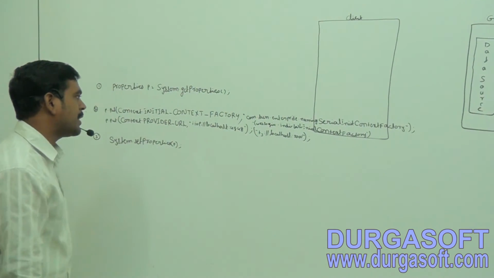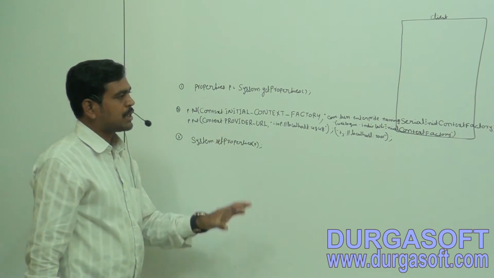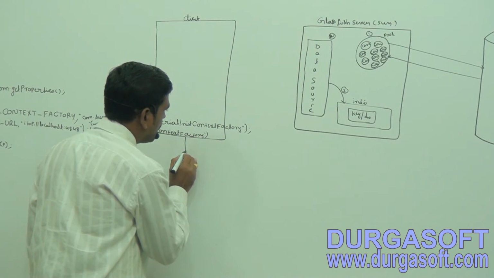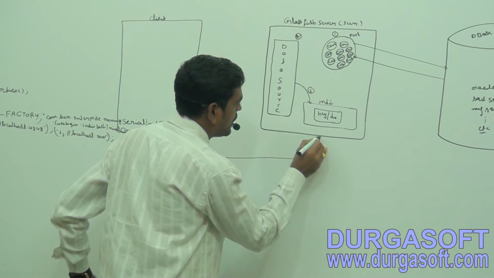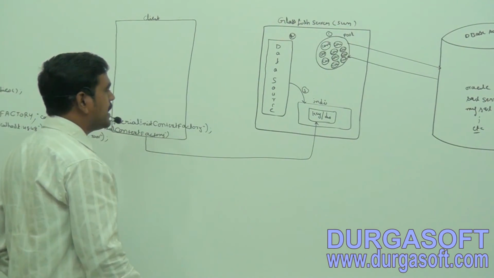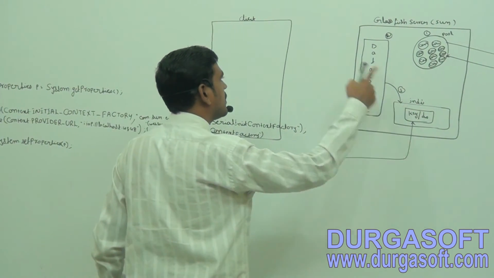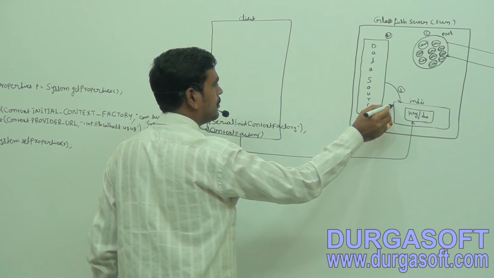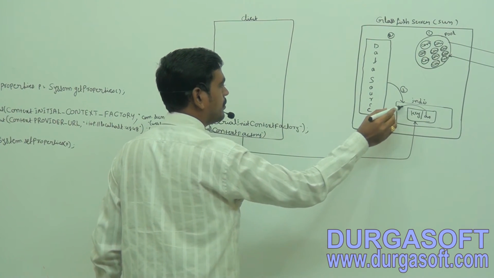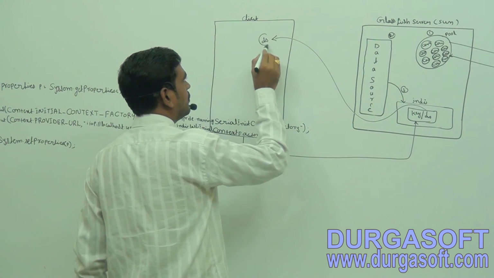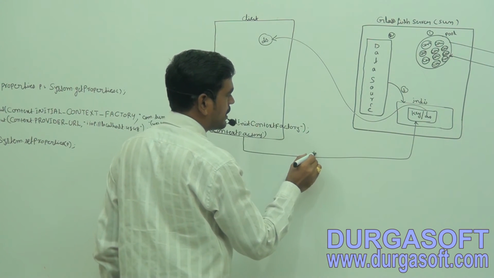JNDI is Java Naming and Directory Interface. By passing these properties in our client application, by passing these keys, we can get this DS.